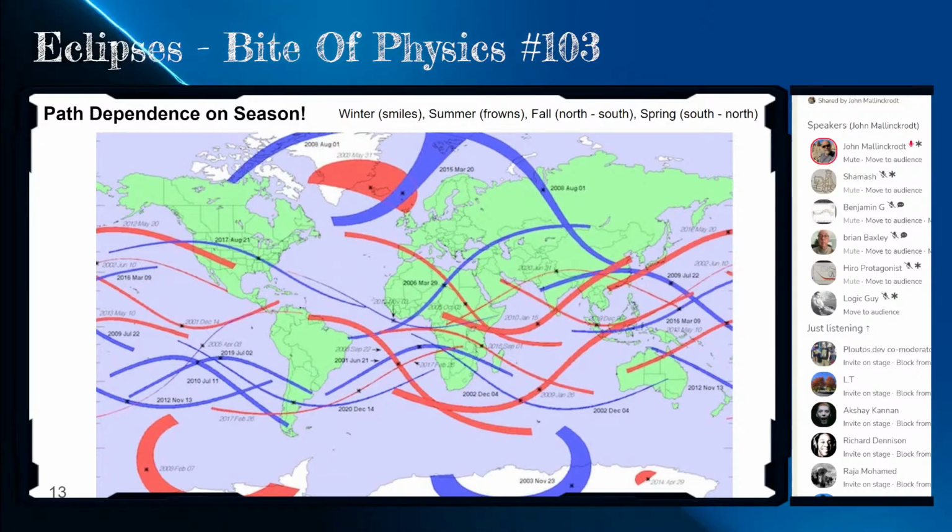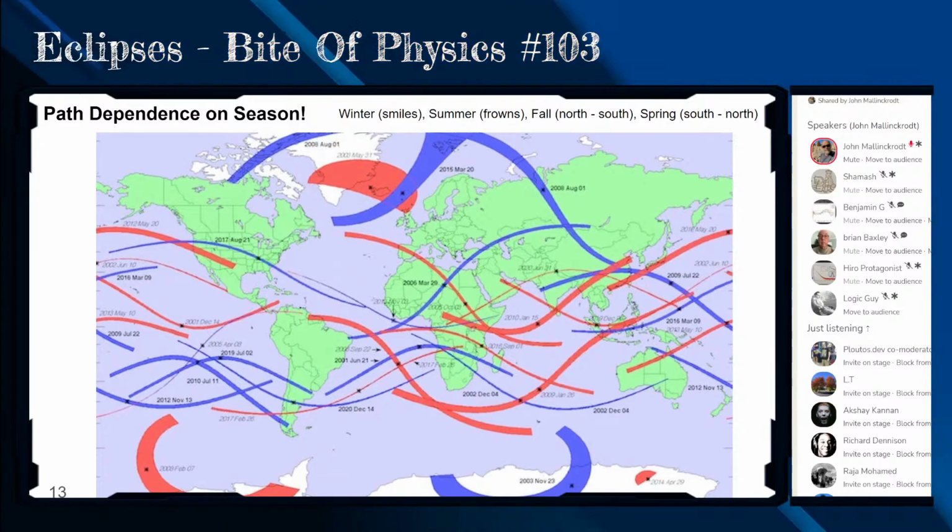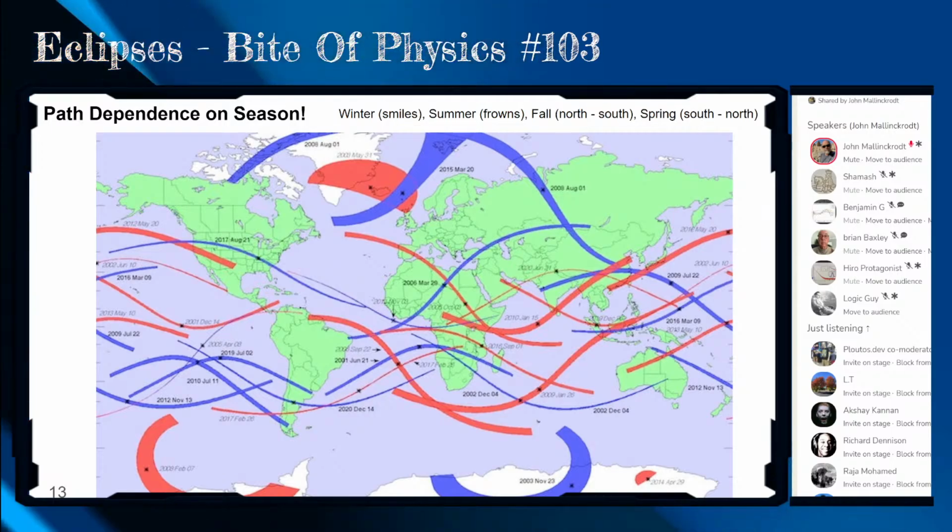They curve downward. Fall eclipses also curve, but they run from the north to the south while they're going east. Spring eclipses always run from the south to the north while they're heading generally east, and of course are curvy as well. That's not too hard to understand.